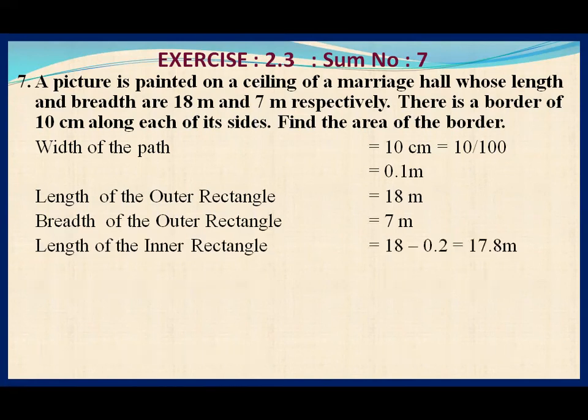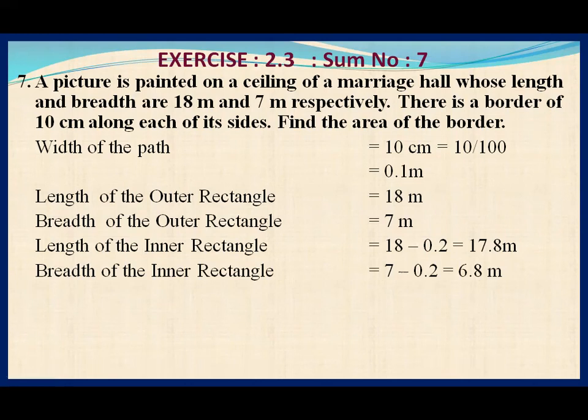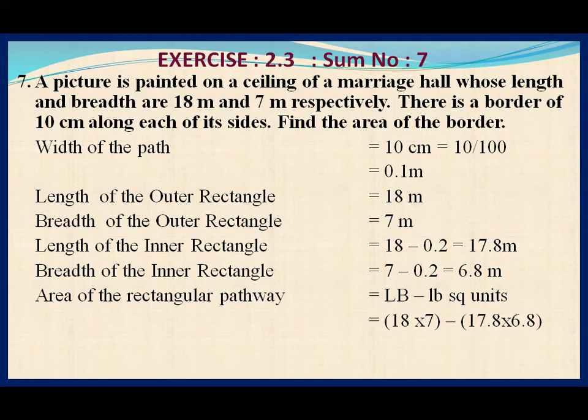Inner length is 18 meters, that is the outer length minus 2 times the width. So width is 0.1, so twice will be 0.2. When you subtract, you get 17.8 meters. Similarly, the inner breadth will be 6.8 meter. Find the area of the rectangular pathway using the formula area of the outer rectangle minus area of the inner rectangle, which is 18 into 7 minus 17.8 into 6.8. So we get 126 minus 121.04, which is 4.96 square meters.